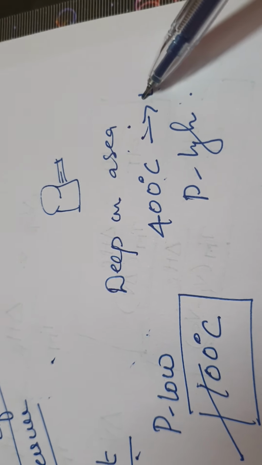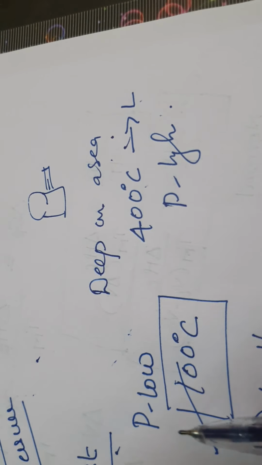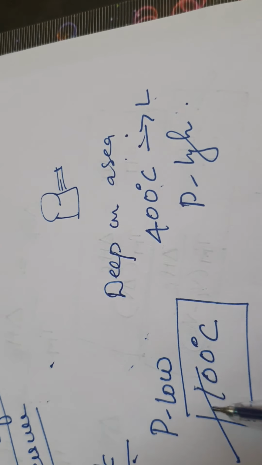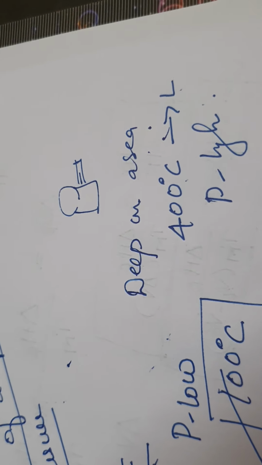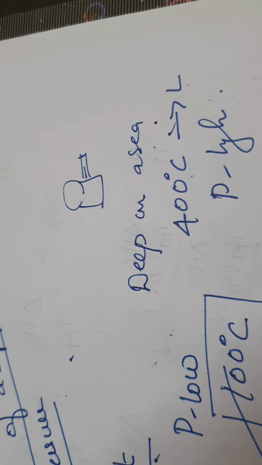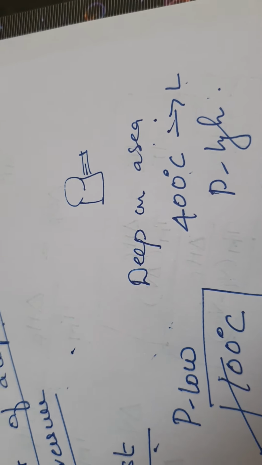Rise in pressure increases the boiling temperature. Normally, water will boil at 100 degrees centigrade, that is near sea level. So that difference is because of the Clapeyron equation, which tells us why water boils at different temperatures.